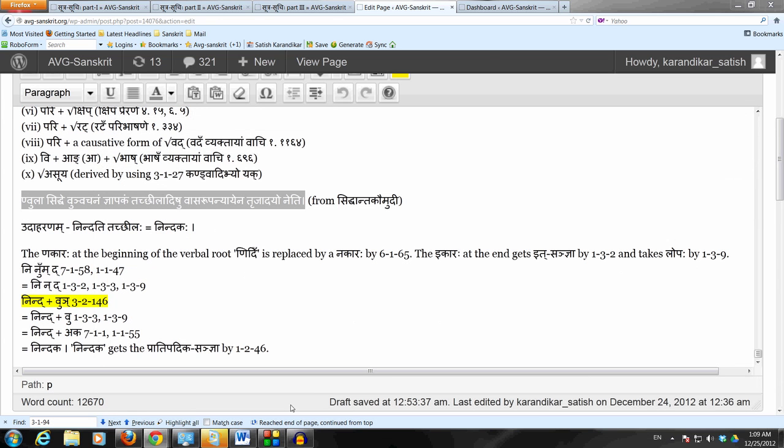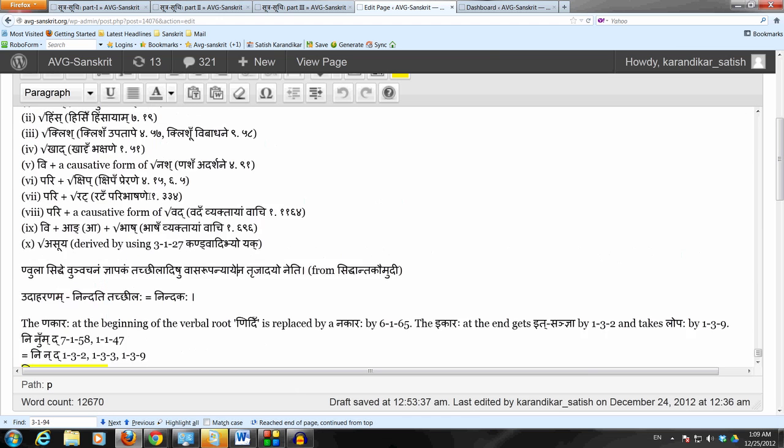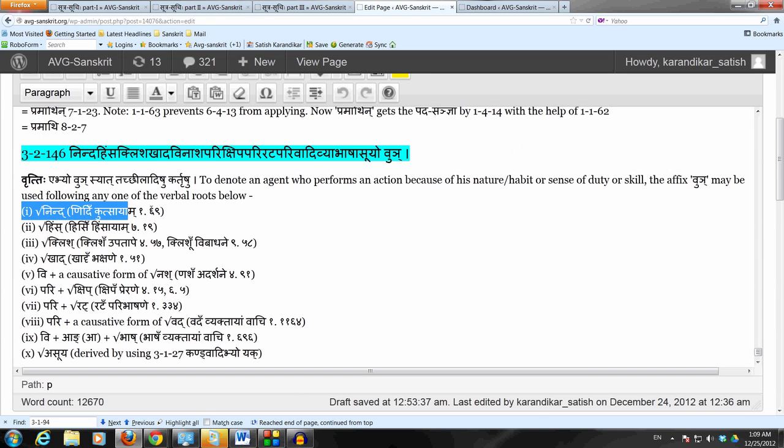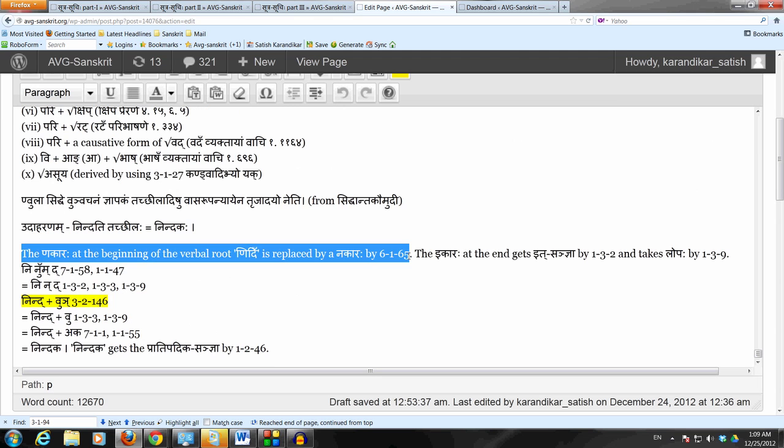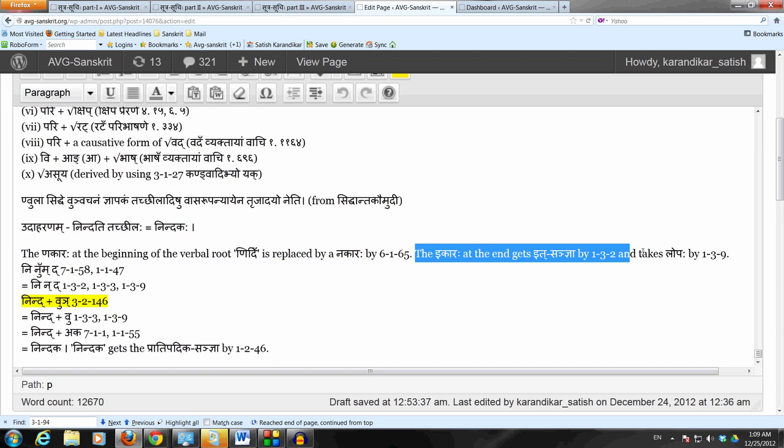In terms of derivation, let's just take one form here, which is nindati, tacchilaha, nindakaha. So here this verbal root is nidi, and the beginning nakara of the verbal root is replaced by nakara by 6.1.65, No naha. The ending ikara is of course the it by 1.3.2, upadeshe ajananunasika it, and then it takes lopa by tasya lopaha 1.3.9.